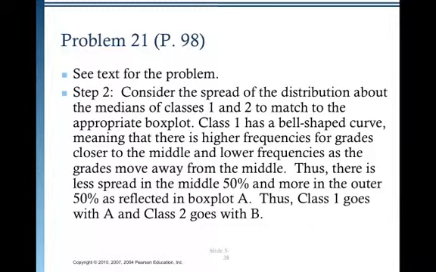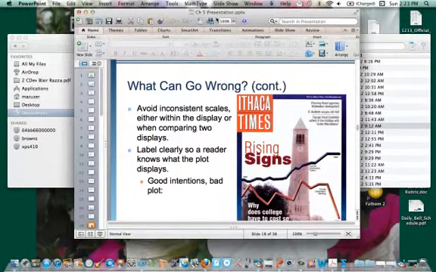Thus, there is less spread in the middle 50% and more in the outer 50%, as reflected in box plot A. Okay, the box itself is smaller, and so that would be one where there's a higher concentration around the middle. When there's not a lot of room in the box, that means there's a high frequency right there in the middle. Thus, class 1 goes with box plot A, and class 2 with box plot B.